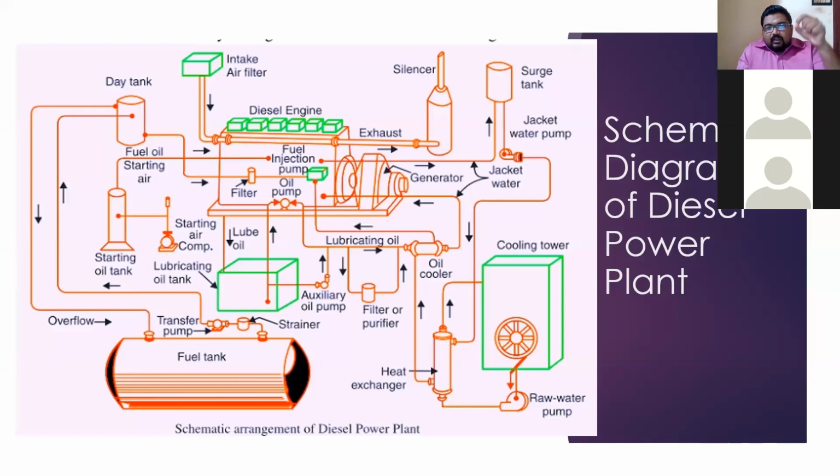Then in the third step, what is happening? We are providing a little bit of fuel. The fuel is inserted into it. When the fuel goes inside, the explosion happens, and the temperature inside the cylinder rises from 500 degrees to 2500 degrees.